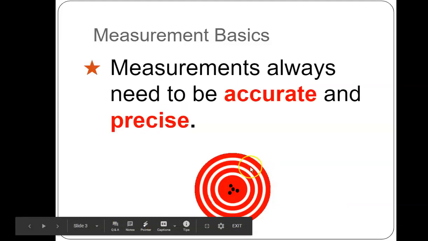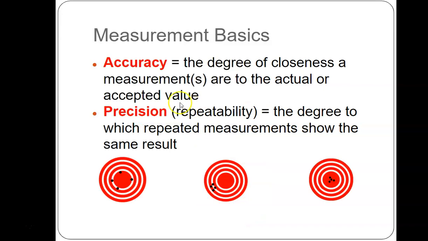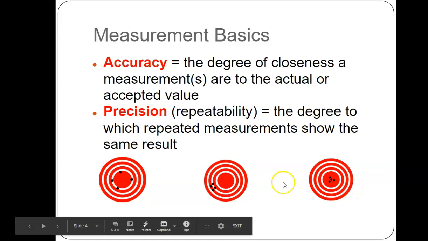But when you are measuring things, you want to measure with accuracy and precision, and there is a difference. Accuracy is the degree of closeness to the actual measurement, whereas precision is your repeatability. If you measure over and over, how close are your results? I have three little examples down here.